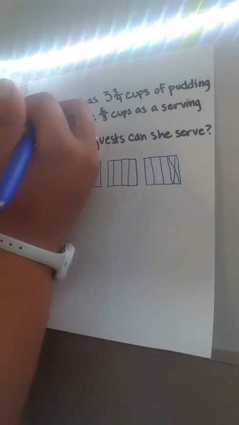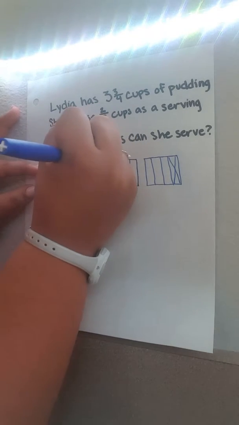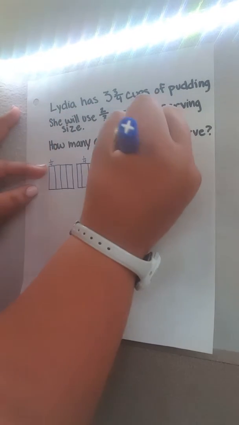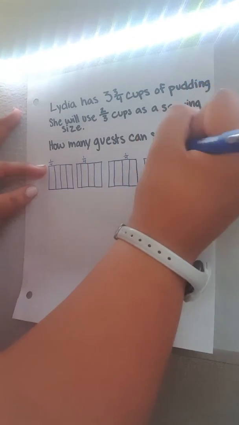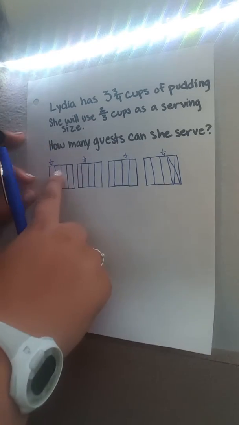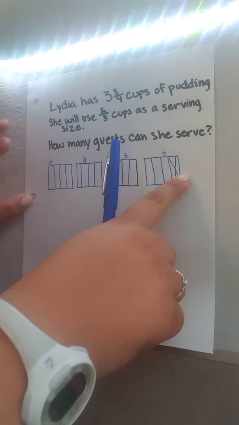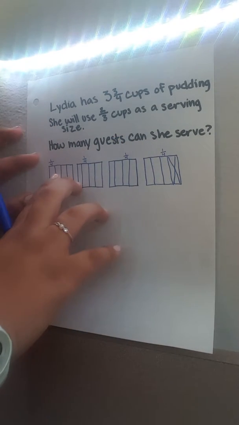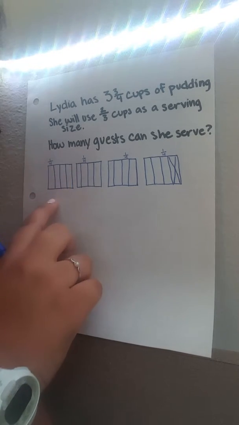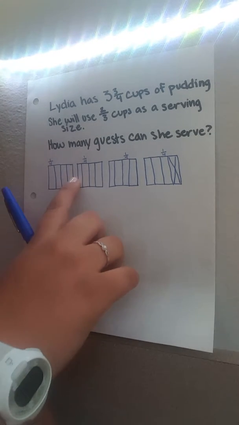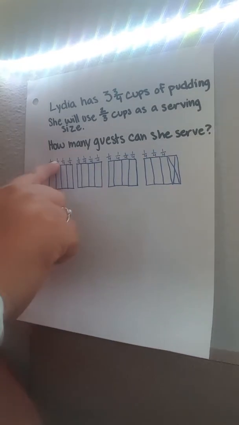I'm just going to write over, this is 1/4, 1/4. I'm crossing over the rectangles and labeling them 1/4 so that you can see that they really are just 1/4. I'm going to pause and do that. Okay, now you can see that I labeled this really quickly.